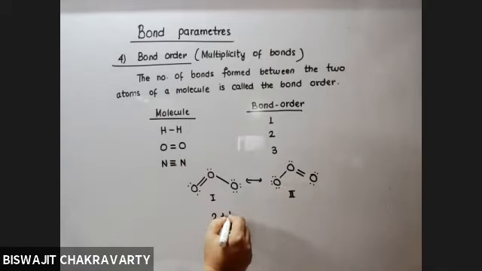When you take the average of the two, it comes out to be 1.5. The bond order can be fractional also. In general, bond order is a whole number, but for molecules showing resonance, you can expect the bond order to be fractional.